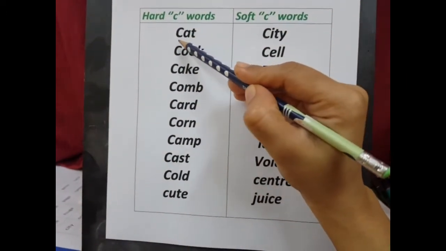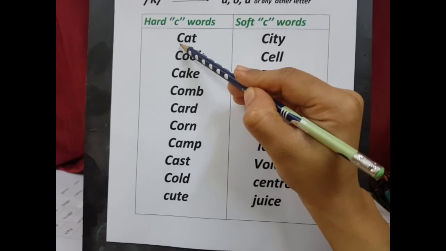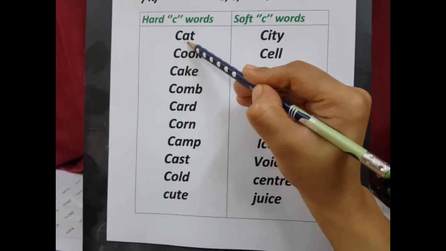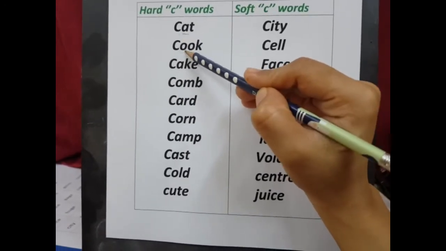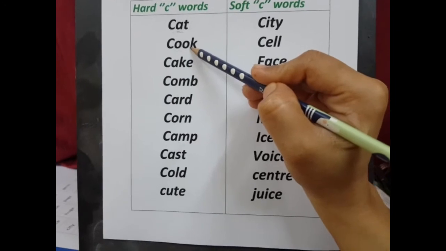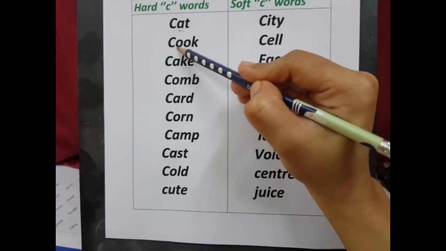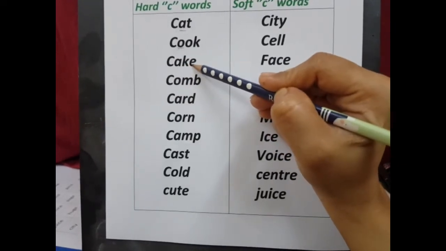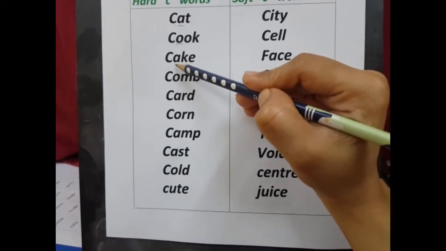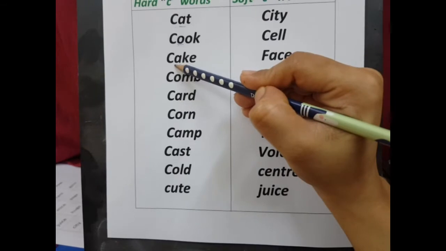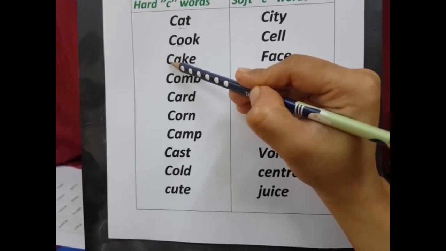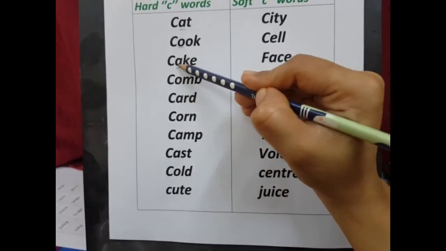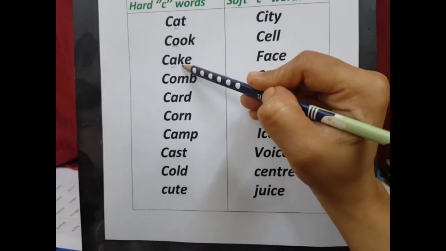Cat. It has the hard sound like K because it is with A. C-O-O-K. Cook. Because you have O here, it makes the K sound. C-A-K-E. Cake.